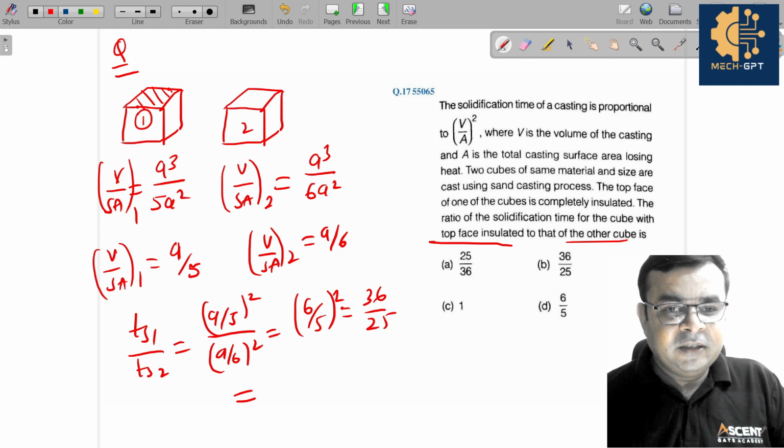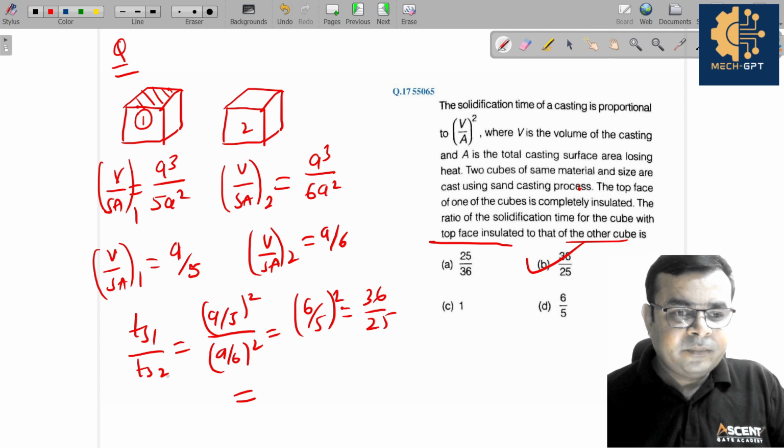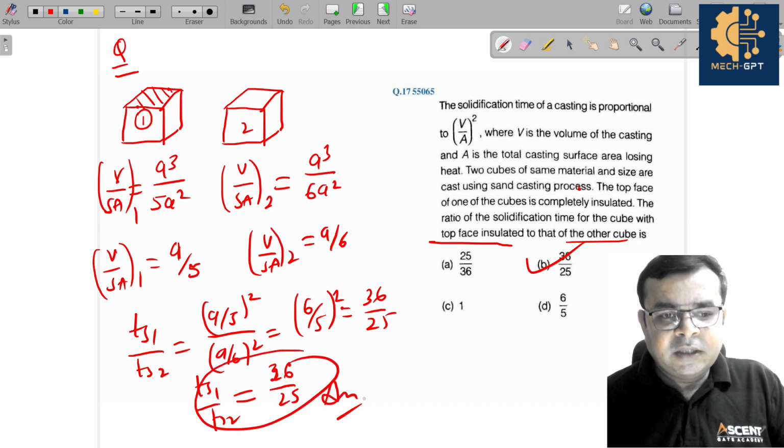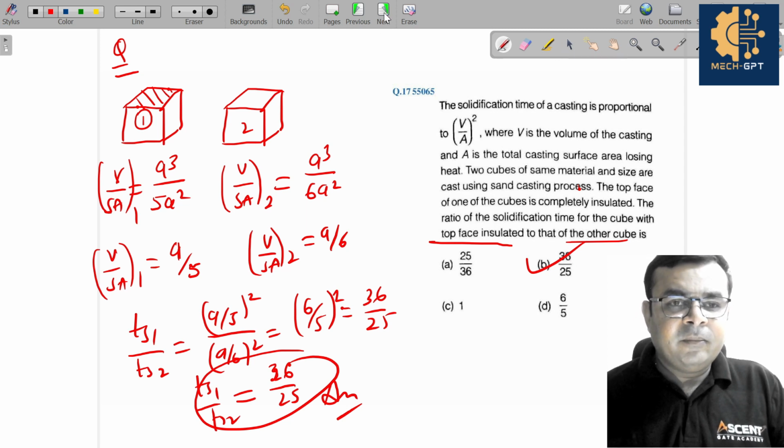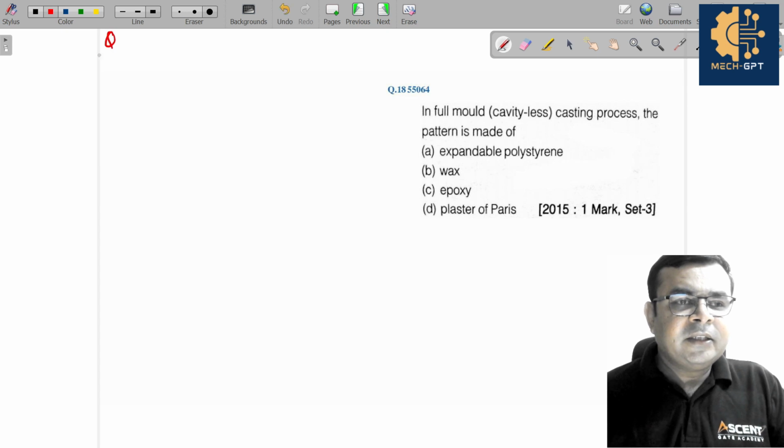No need to simplify, we need to give this answer in the same way. So the correct answer is option B. This is the right answer, 36 by 25, correct?